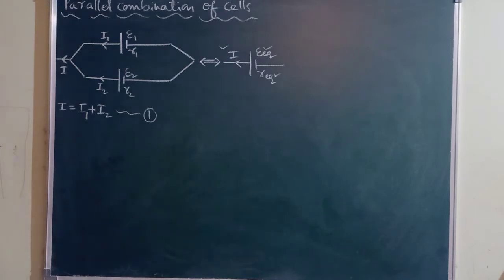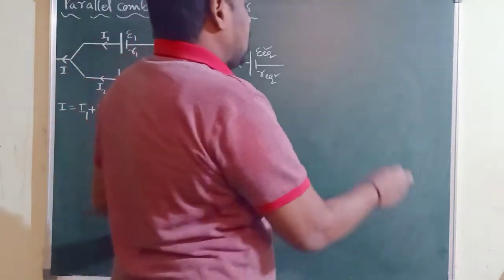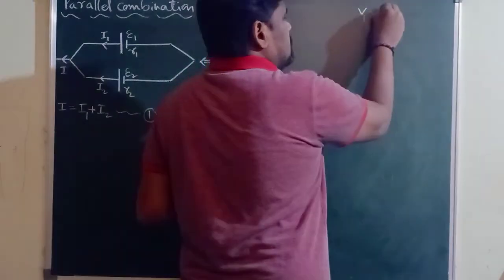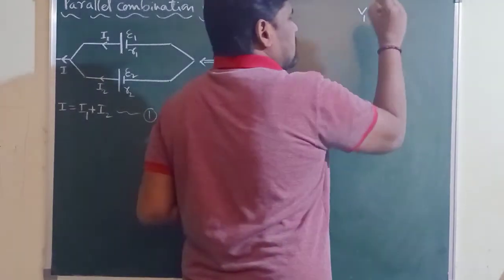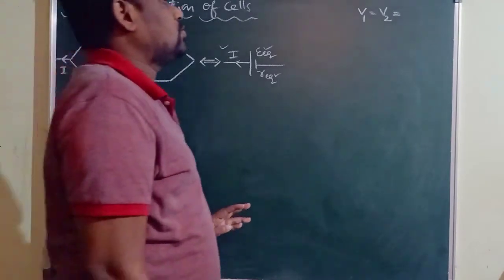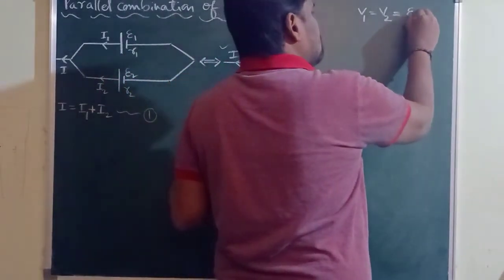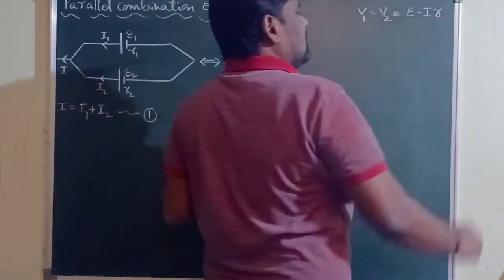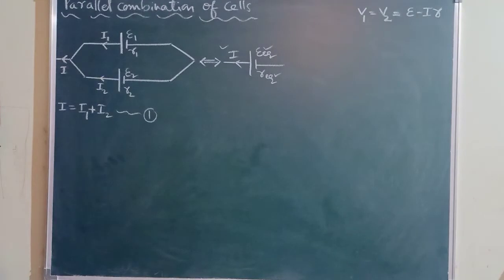As I said, the terminal potential difference across each cell will be the same here. Recall the expression for the terminal potential difference. The terminal potential difference across the first cell equals the terminal potential difference across the second cell, which equals E minus IR.